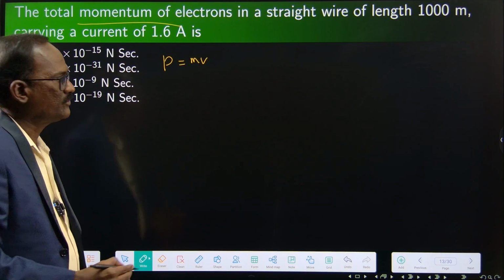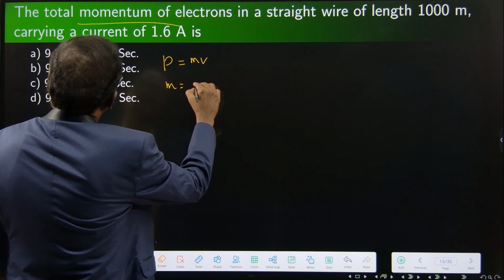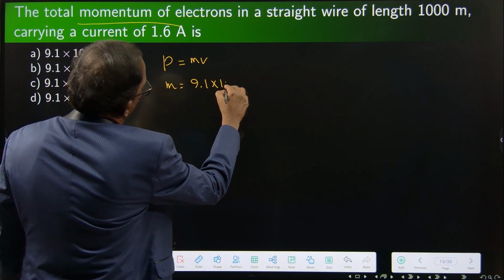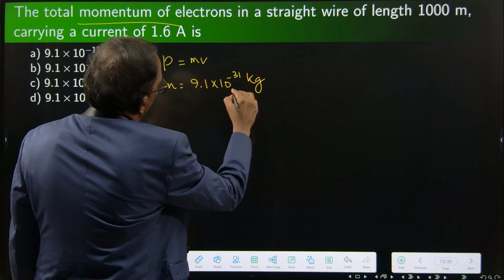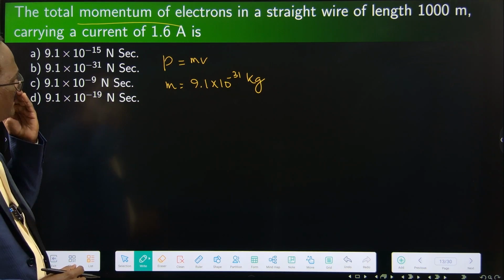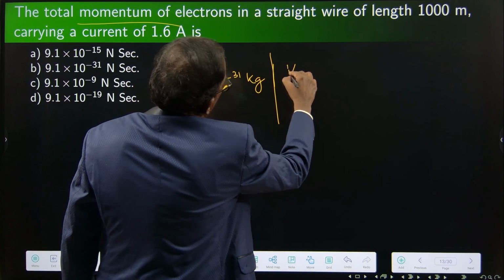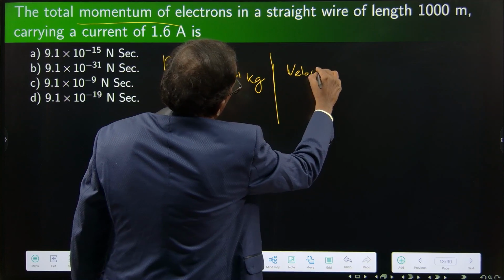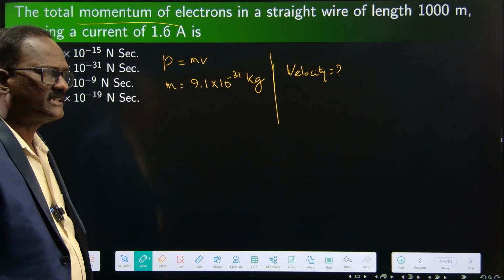Mass of electron we know: m is equal to 9.1 into 10 to the power of minus 31 kg. Such a low mass it possesses. We need velocity. If velocity is known, we can directly apply the formula and get the result.